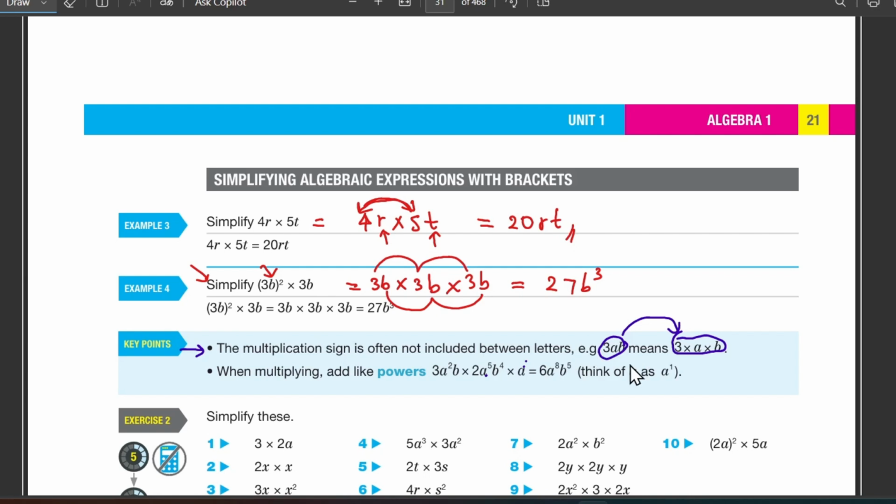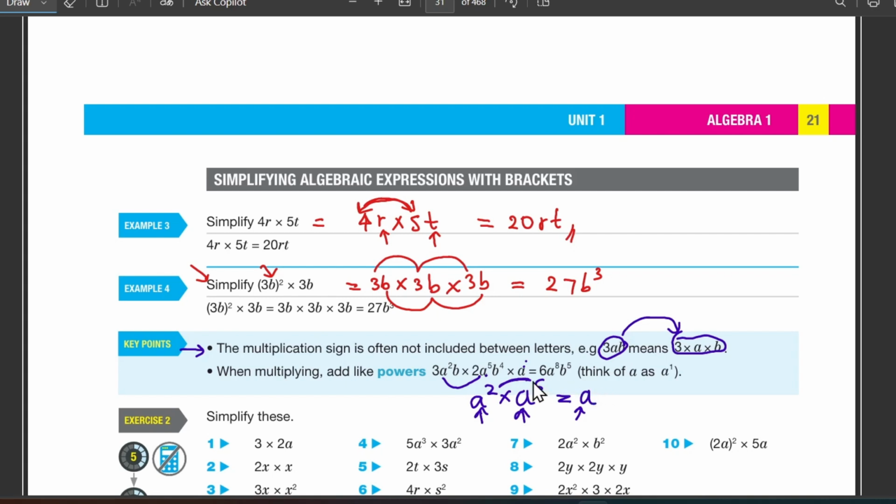So when multiplying, add like powers. So you see a squared times a to the power 5. Now our base is the same, base is same, a. So now we have to add these two powers. Same base comes here.